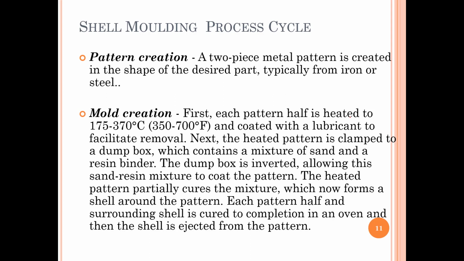Next, the heated pattern is clamped to a dump box, which contains a mixture of sand and resin binders. Then the dump box is inverted, allowing this sand resin mixture to coat the pattern. Then the heated pattern partially cures the mixture, which now forms a shell around the pattern. Each pattern half and surrounding shell is cured to completion in an oven, and then the shell is ejected from the pattern.